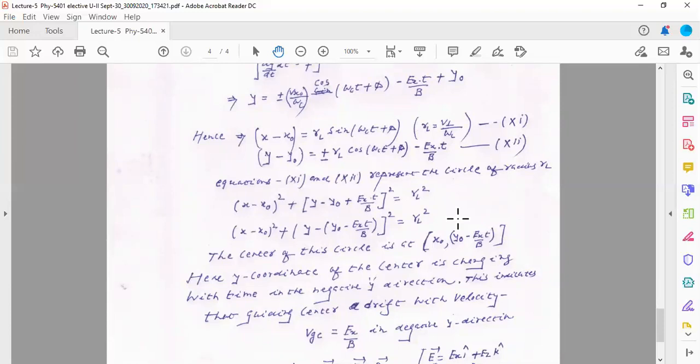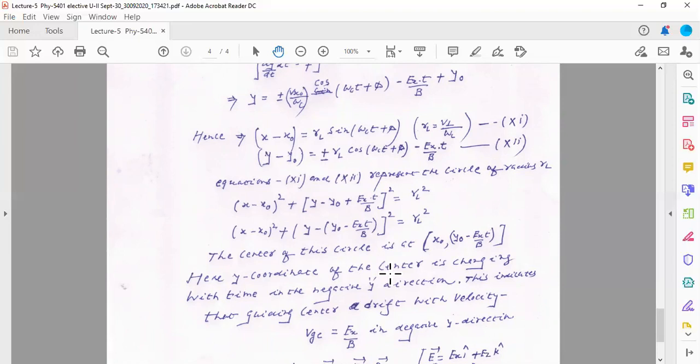But here, when you apply the electric field, what you observe is that your x0 is not affected by time, but the y coordinate of the center is changing with time in the negative y direction. Why? Because there is a minus sign. So please remember that the y coordinate of the guiding center, the center of the circle, has a coordinate.